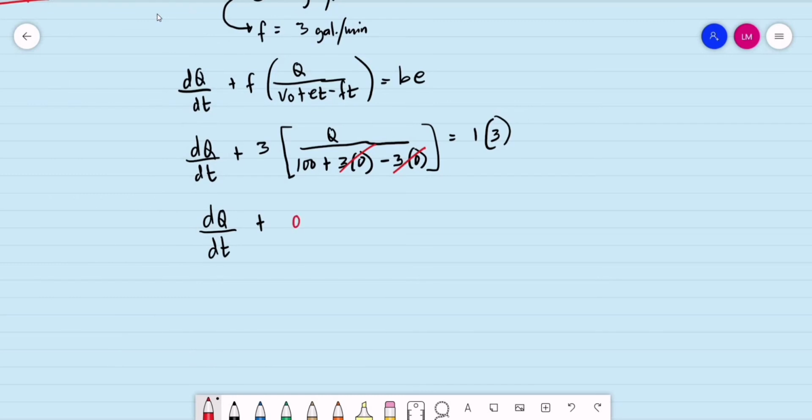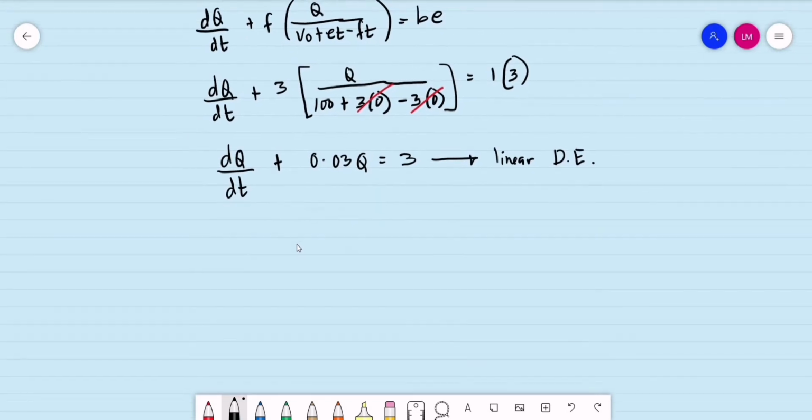That is, we have 0.03 of Q is now equal to 3. If you observe this differential equation, basically this is a linear differential equation. So let us look for its solution. Kindly recall the solution for a linear differential equation in our prelims.